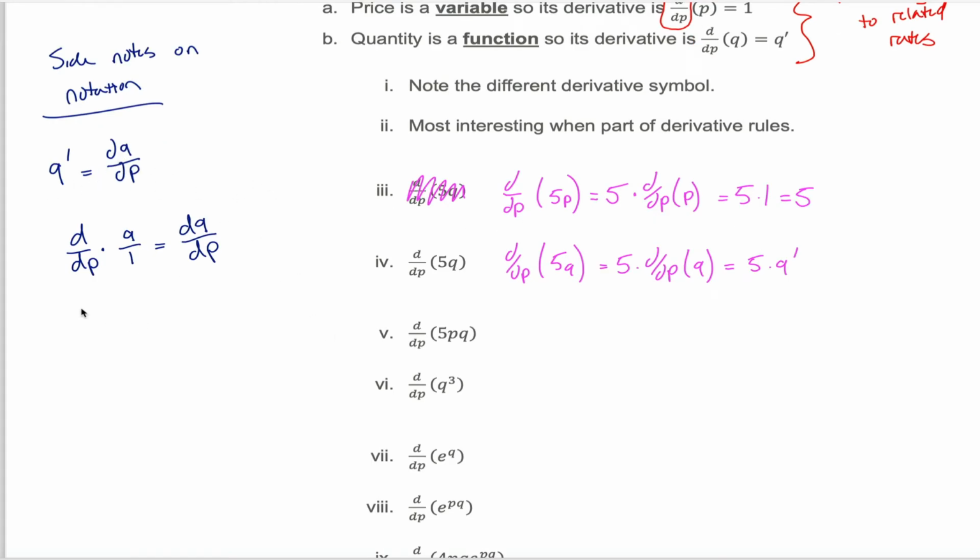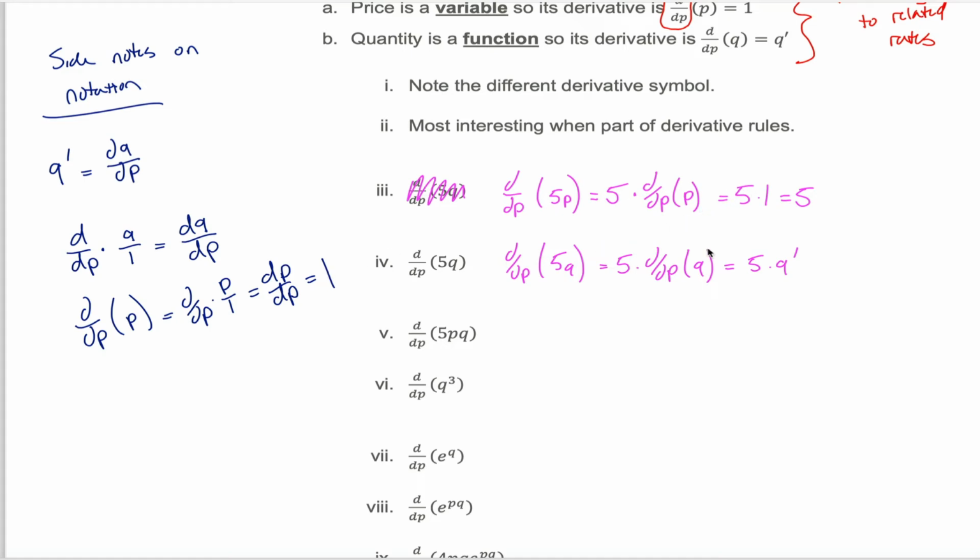And what's sort of cool is that if you did that exact same thing, but you were taking the derivative of your variable p, well, again, we could think about that p as p over 1 and multiply straight across, and we would have dp over dp, and when you have a fraction and the top and bottom of that fraction are the exact same, that's defined to be equal to 1, which is kind of nice because the derivative of a variable is just equal to 1.